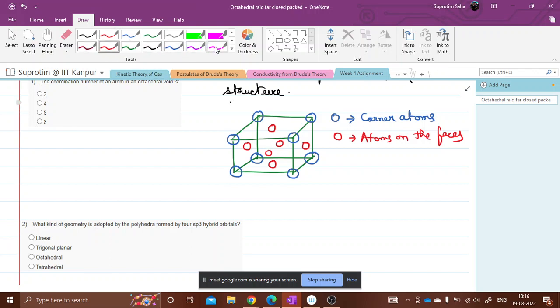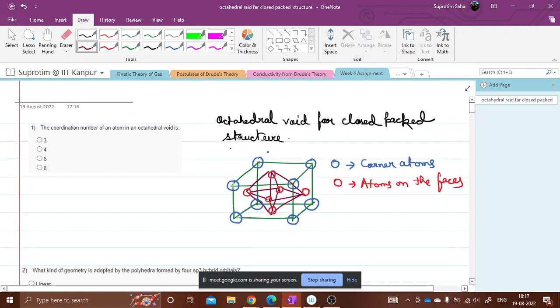Join this, join this, and now join each with the top ones. Now all those will also be joined to the bottom. So this is your octahedra, and simple enough.